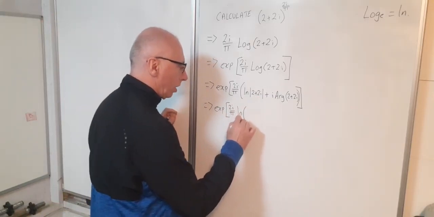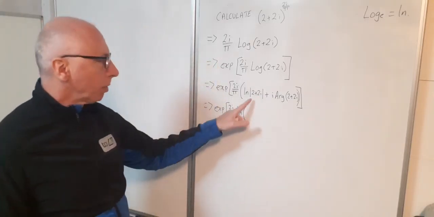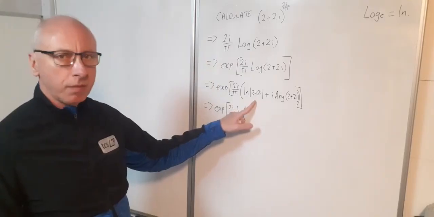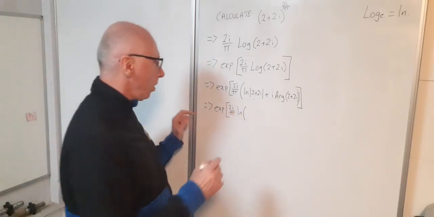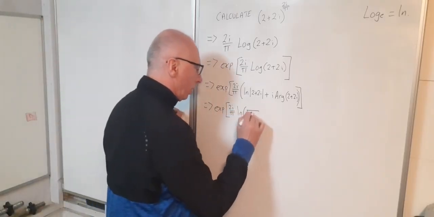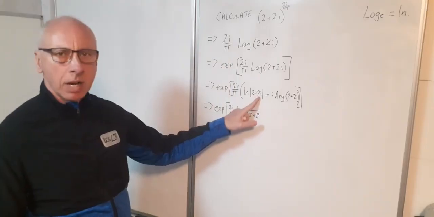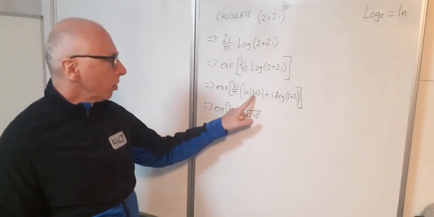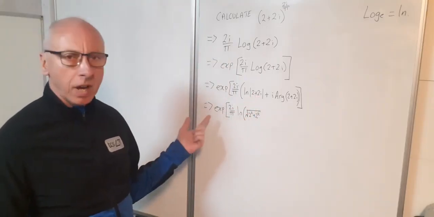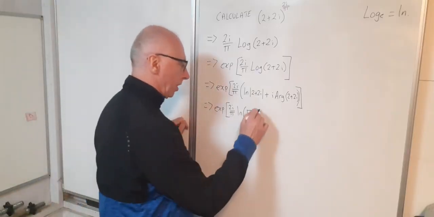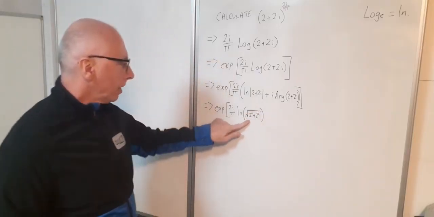If I just do a rounded bracket, because this is going to give me a positive value, which is going to be greater than 1. I've got the square root of 2 squared plus 2 squared. Now what that is, is the real part and the imaginary part. Take square both and then take the square root to find its radius basically. Okay, so that's that.